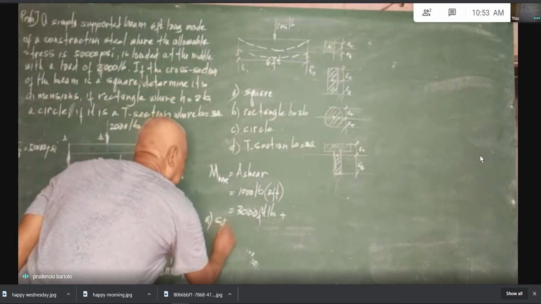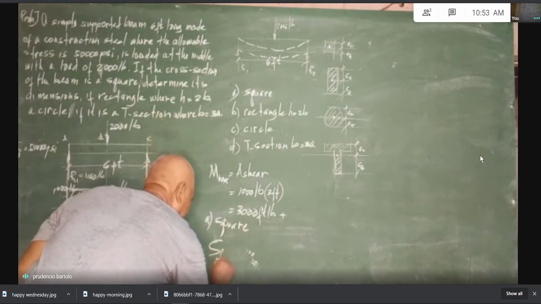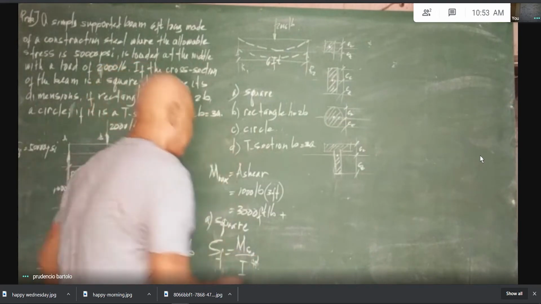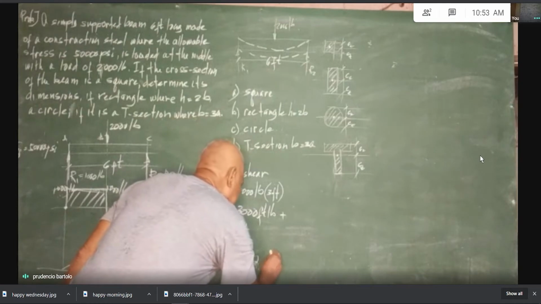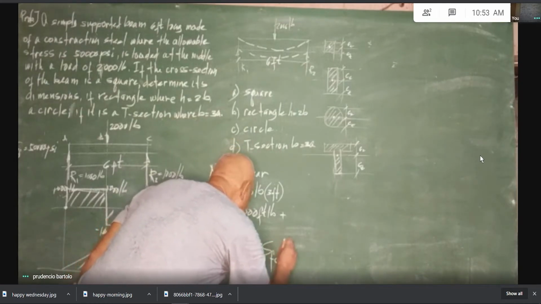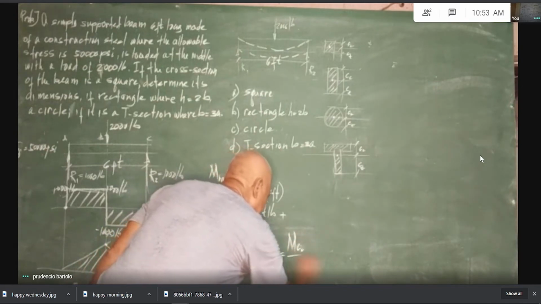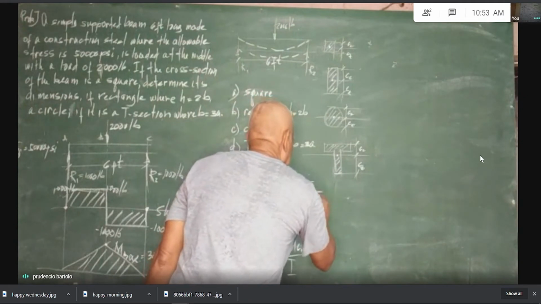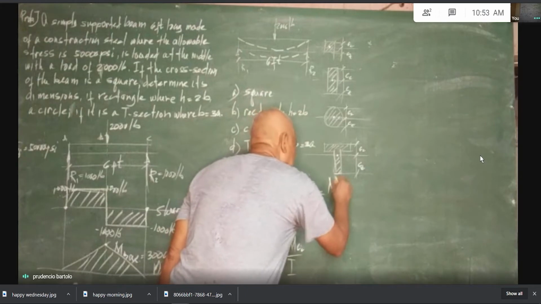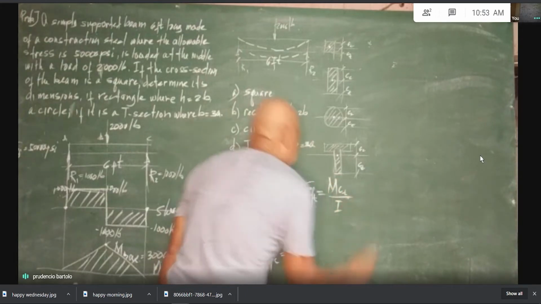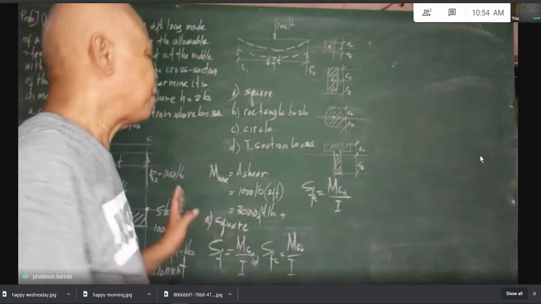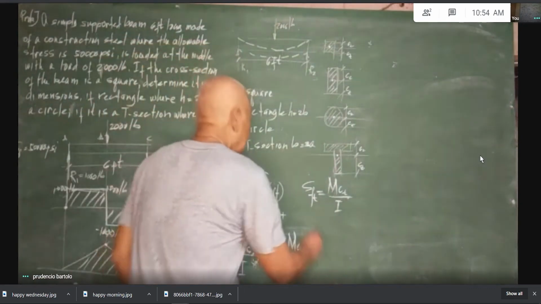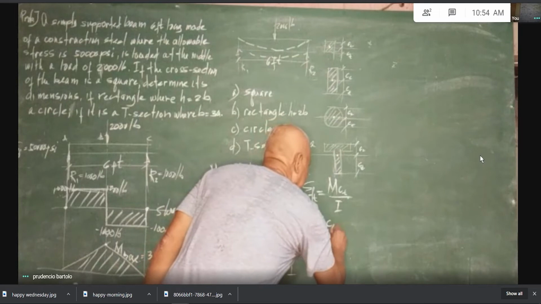For letter A, that is for the square, from the equation Sf is equal to Mc over I. If we consider the fiber under compression, that is now Sf(c) equal to M c(c) over I. And if we consider the fiber under tension, that will be equal to M c(t) over I. But because this is a regular geometric figure, the c under compression and the c under tension are equal.